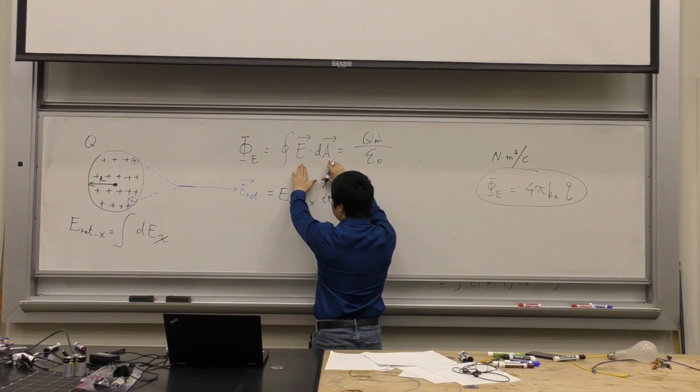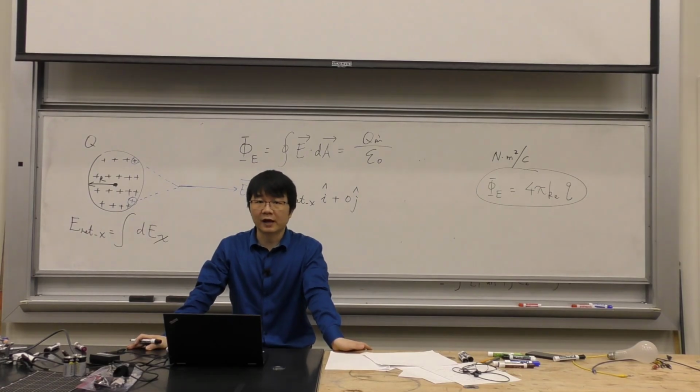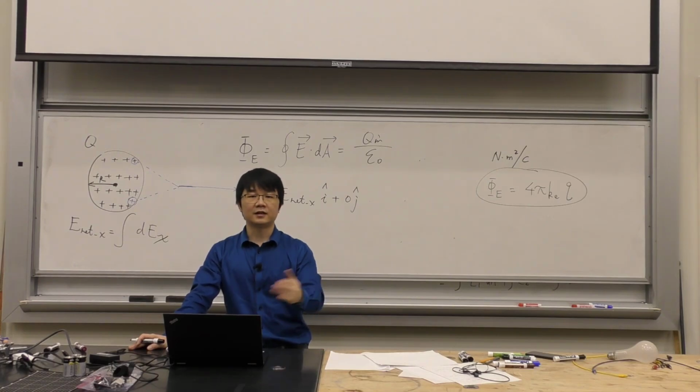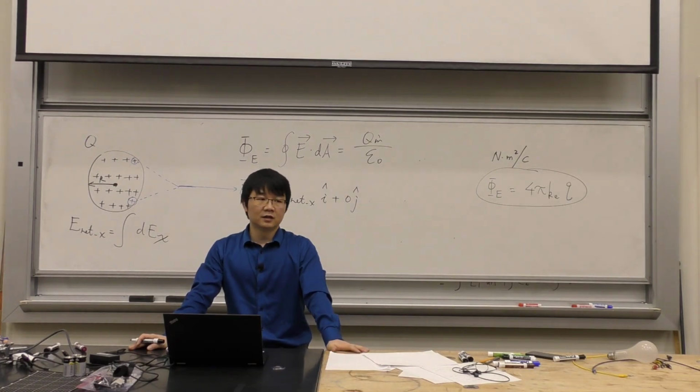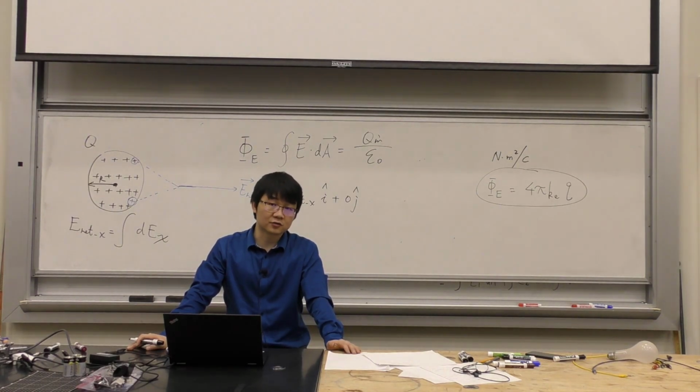And if I want to evaluate this integral, I don't really want to integrate anything. I want everything to be constant, as much as I can. If I can find everything to be constant, like E is a constant and cosine theta is constant, I take them out, so the left-hand side is not going to be an integral anymore. So first of all, I would want the electric field to be constant so I can take it out.